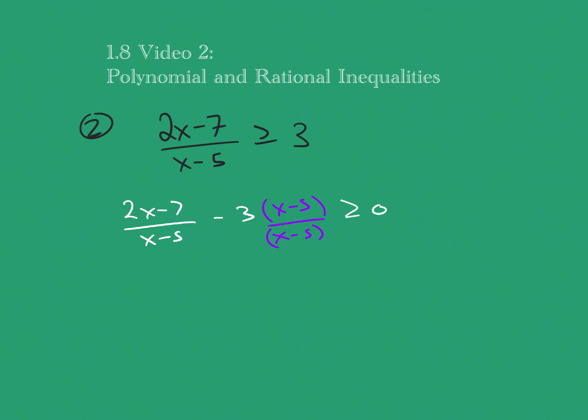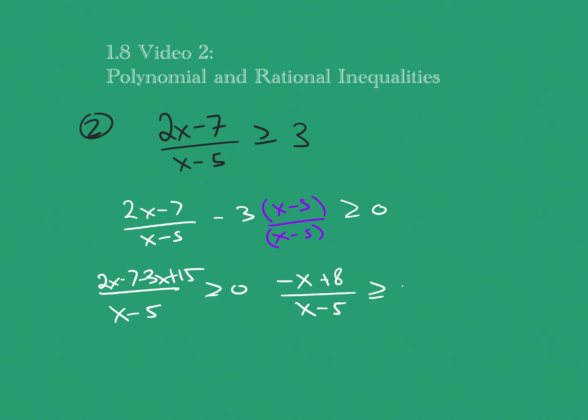When I combine this all, let's see what we get. We get over x minus 5, I'm going to have 2x minus 7 minus 3x plus 15 greater than or equal to 0. And so that's negative x plus 8 over x minus 5 is greater than or equal to 0.